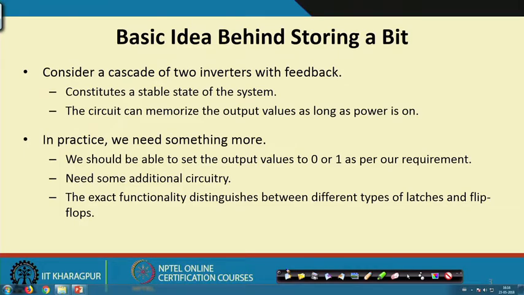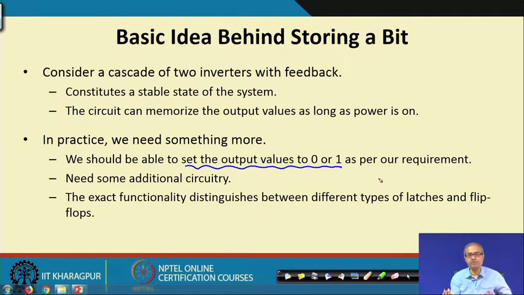But in practice we need something more. You see, what we saw is that we have a stable system that can be designed using two cross coupled NOT gates, but what we have not talked about so far is how to set the output values to 0 and 1 depending upon our requirement. So, we also need a circuit that from outside can set the circuit state to either 0 or 1 as we need.